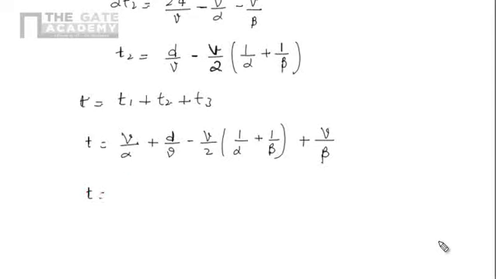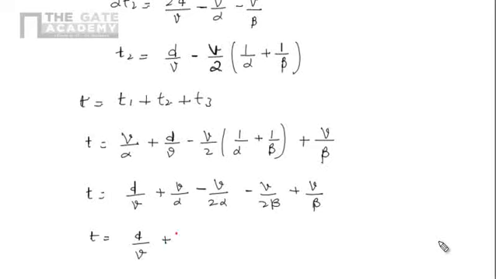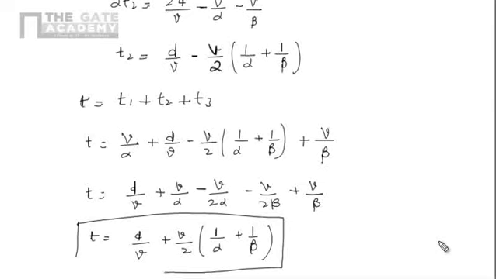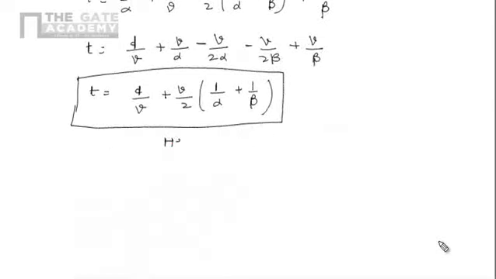So now t equals d by v, and v by alpha here gives v upon twice alpha, similarly minus v upon twice beta plus v upon beta. So t equals d by v plus v by 2 times 1 by alpha plus 1 by beta. So this is the desired expression for t in terms of d, v, alpha and beta. So it's proved.